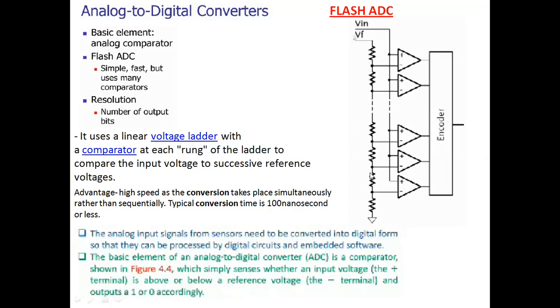Here I can assume we have 8 resistors: 1, 2, 3, 4, 5, 6, 7, 8. As we have a dash here, it means we have a series of resistors here also. If I assume this reference voltage VF as 5 volts, and we have 8 resistors connected, this forms a voltage divider network.